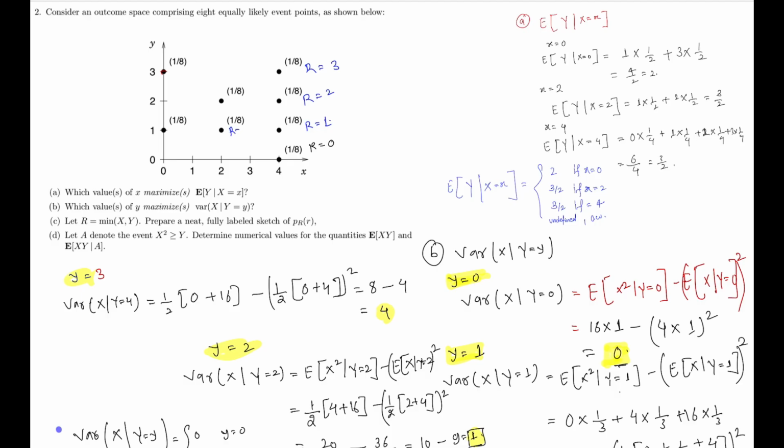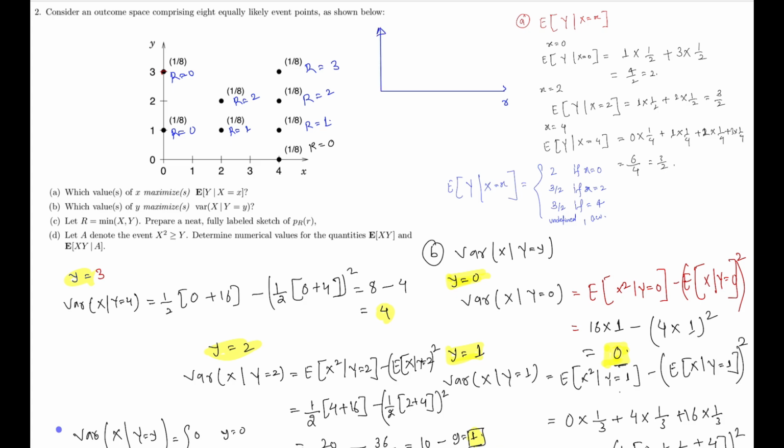Here the minimum will be 1, and here the minimum of x and y, both are 2, so it will be 2. Here r will take the value 0, and here r will take the value 0, right? So what are the values that r can take?